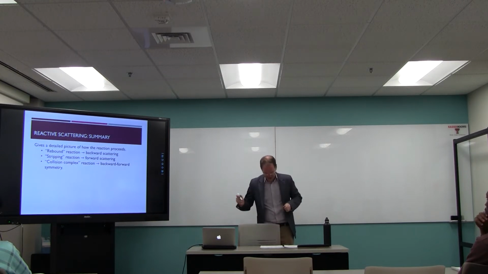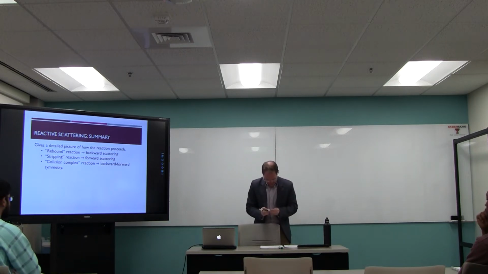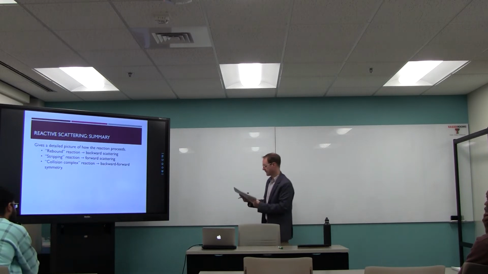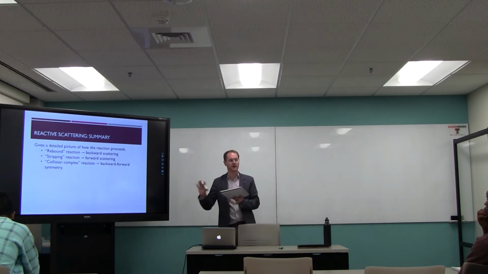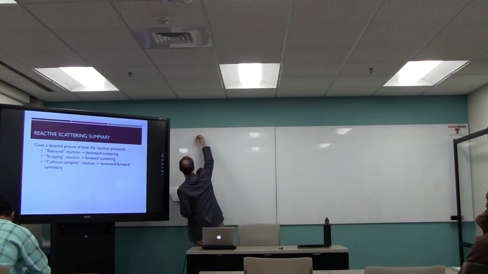Okay, so the next topic, this pen wasn't so good, I'll use this one. The next topic that we'll look at is non-reactive scattering. In general there are two types of non-reactive scattering.